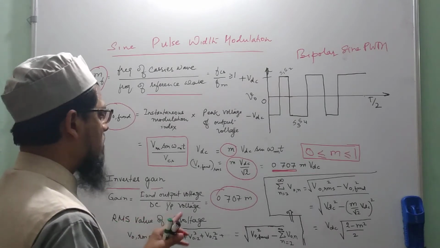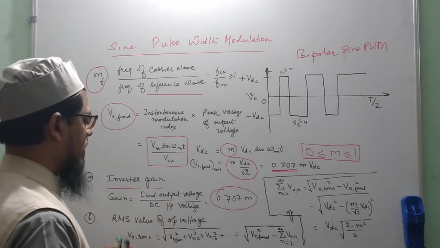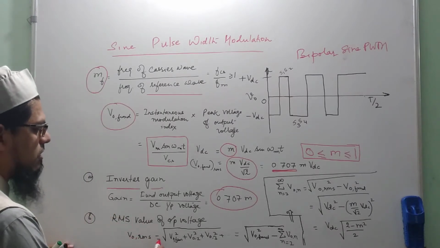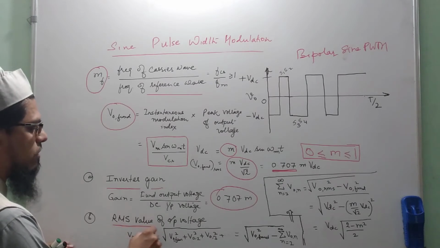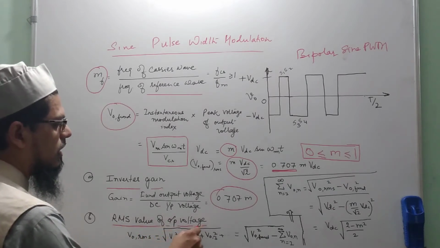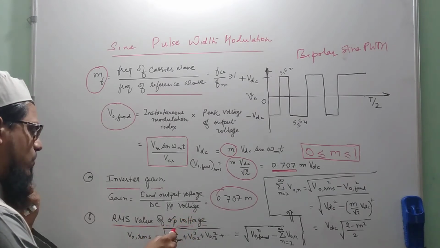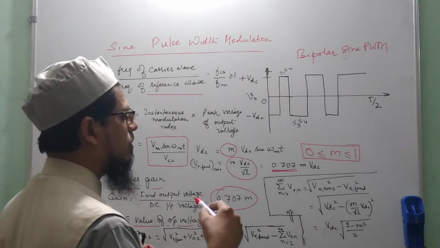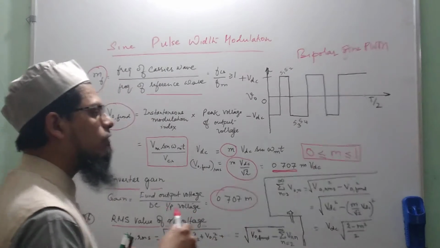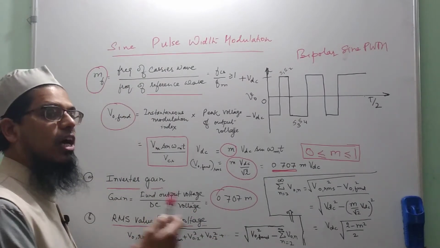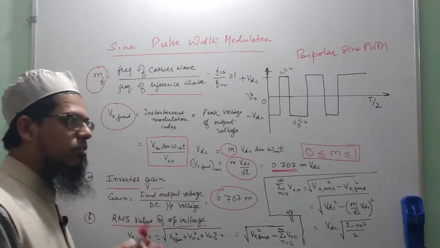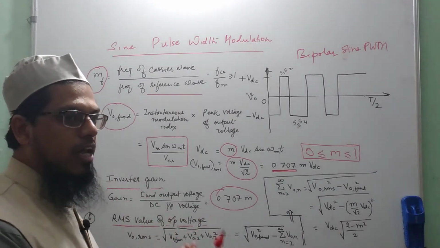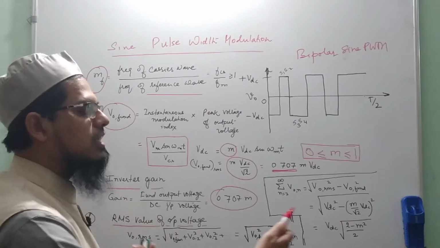The RMS value of the output voltage is given by V naught RMS. Actually we will try to find out the sum of the squares of the RMS values of all the harmonics present in the output voltage.